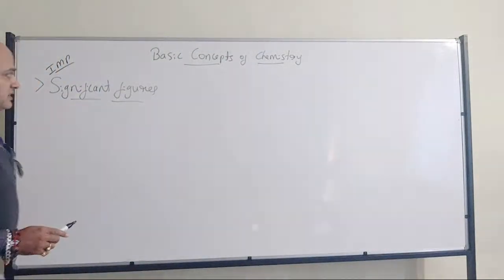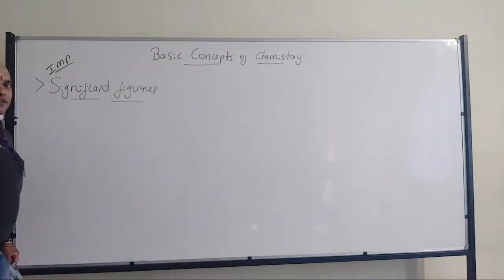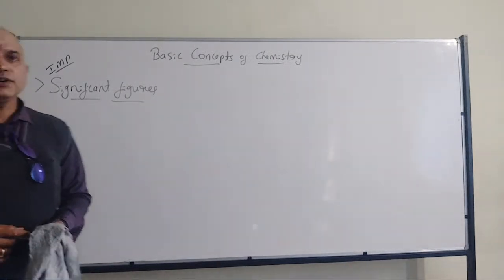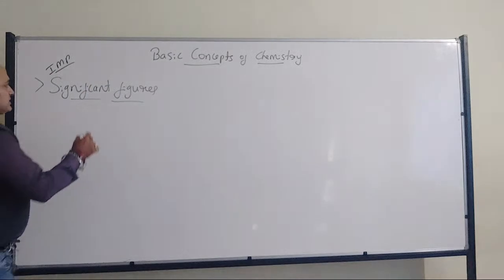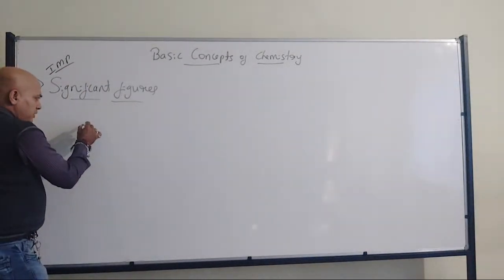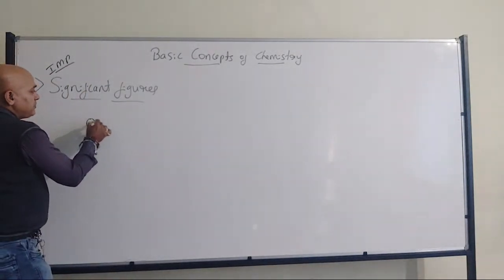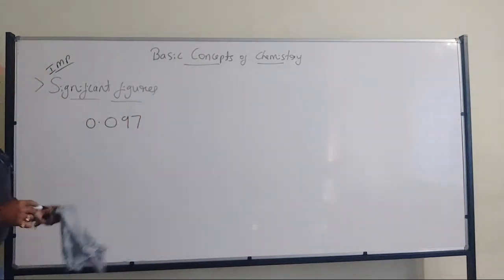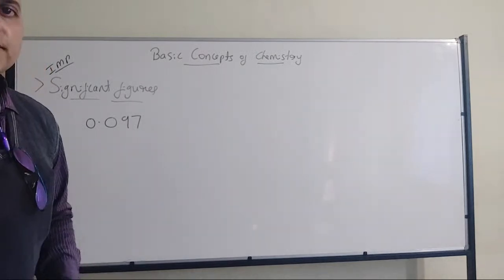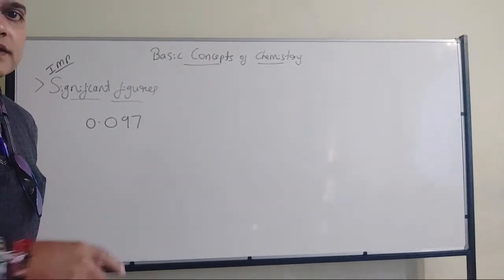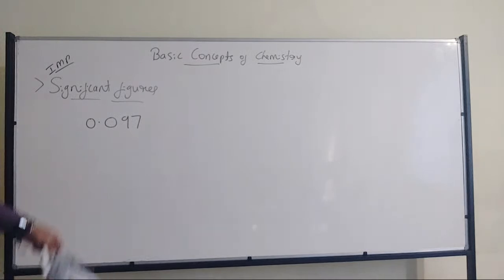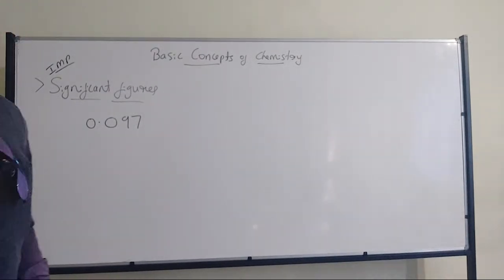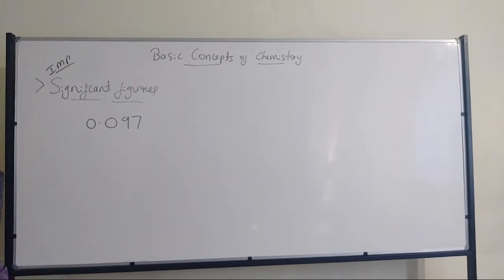Okay, fine. So in that case, yes, scientific notation. I will come to that one. We have discussed even that one also. So now when I am talking about significant figures, can some of you tell me what is the number of significant figures in this particular number? 0.097.